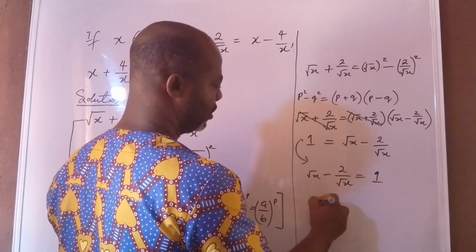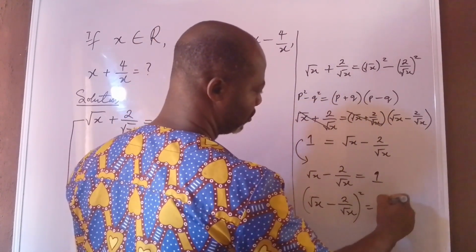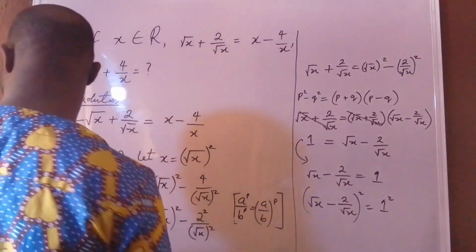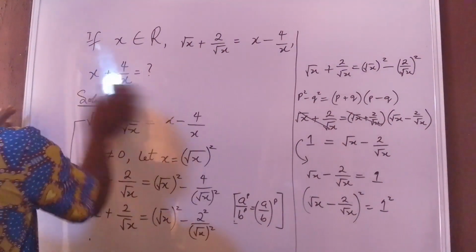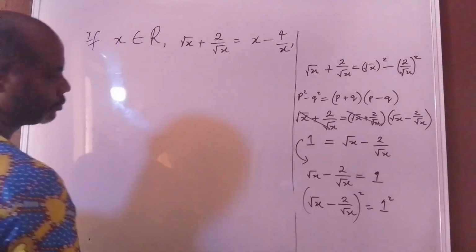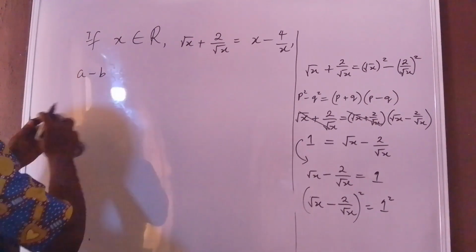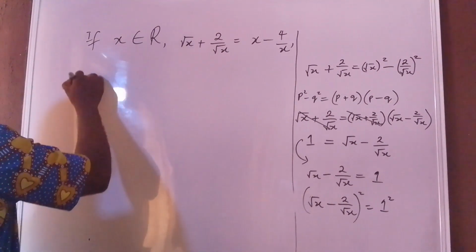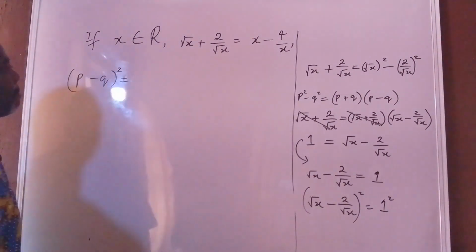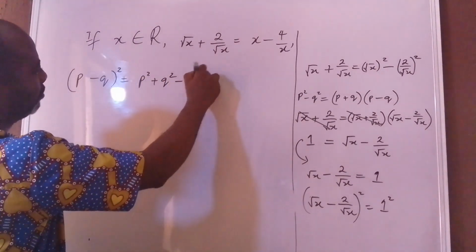So this will give me square root of x minus 2 over square root of x all squared equal to 1 squared. And then I will go ahead again to apply another rule: if I have a minus b, or since I've used p, let me continue with that, p minus q squared will simply give me p squared plus q squared minus 2pq.